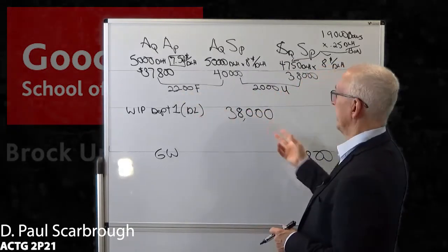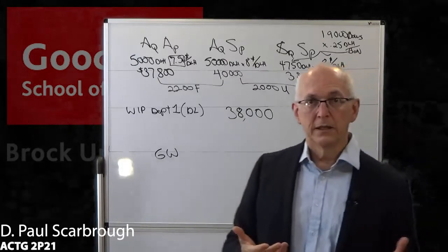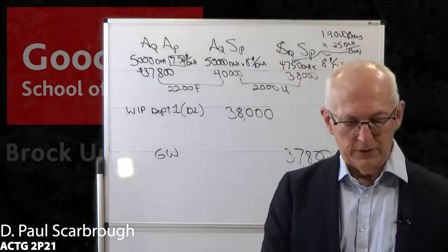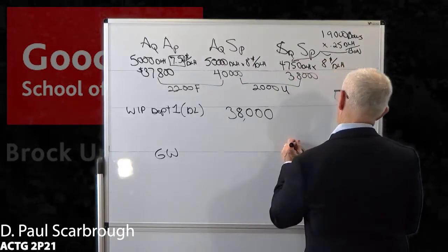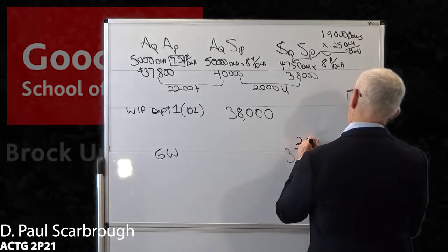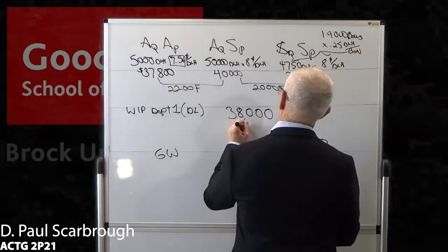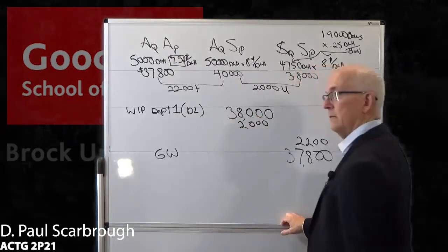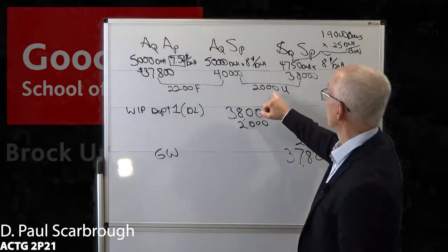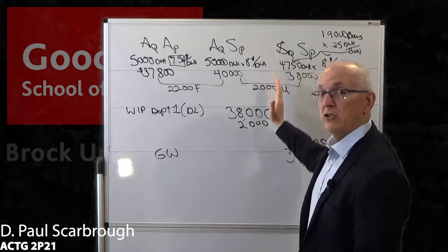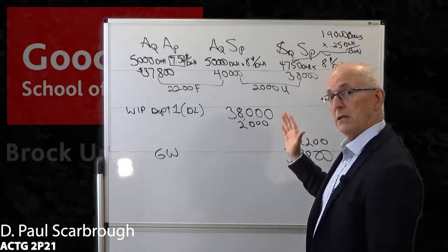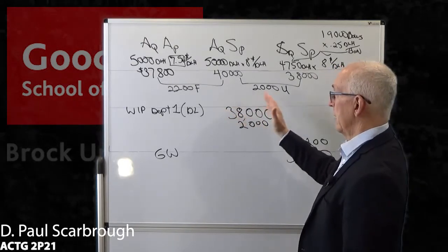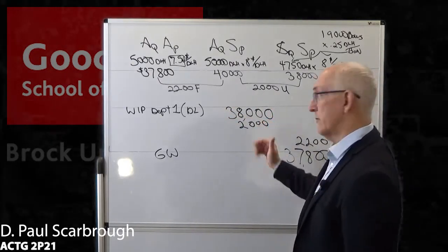They have to both fit in there, and you can just try them out and see which one fits. When you do that, you'll find that 2,200 goes here and 2,000 goes there. And this 2,000, remember, this column is a usage column. And so what we have is in Department 1, we're going to have a usage variance for direct labor.